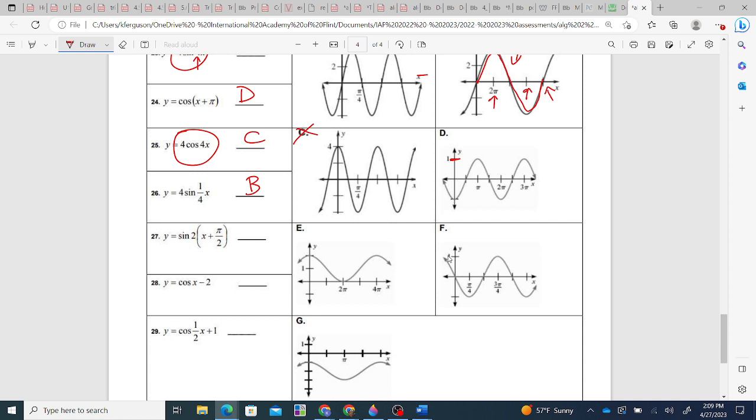So we got 3 left. So what do we got? 28 is what? We got E, F, and G, the last three.